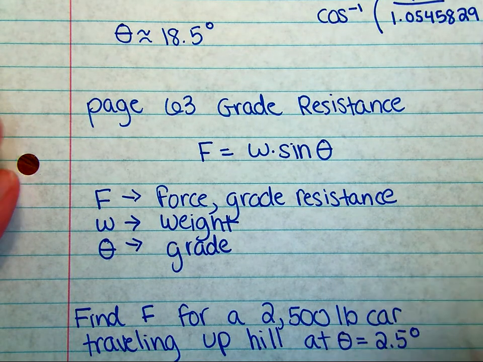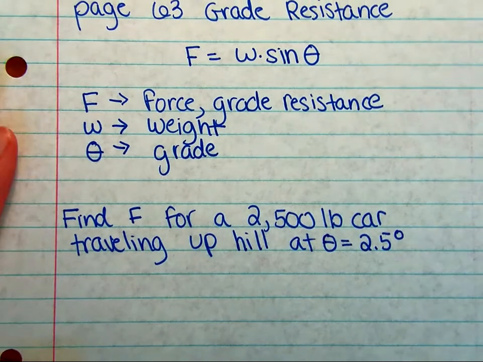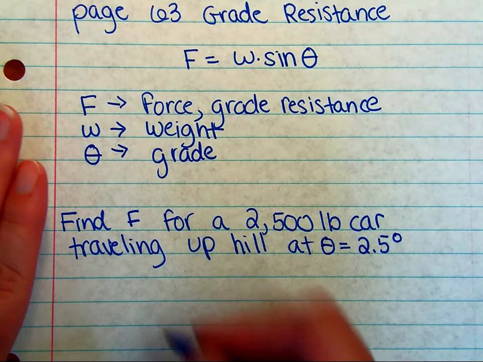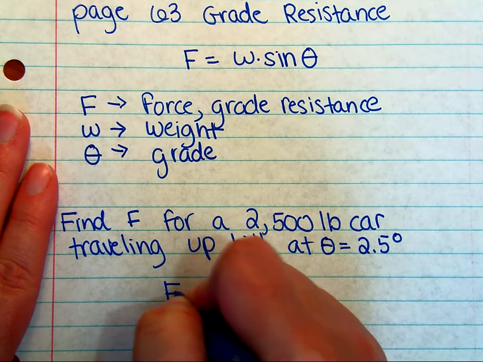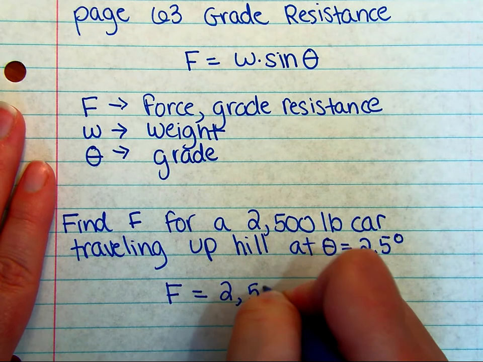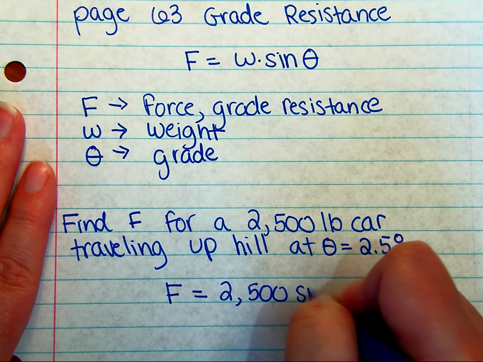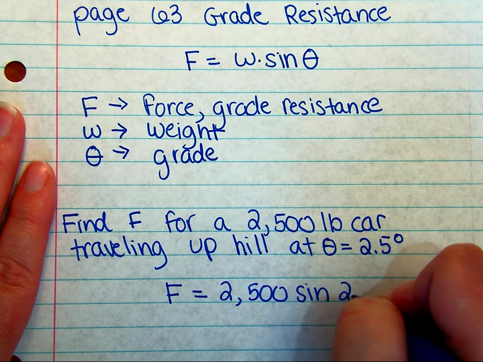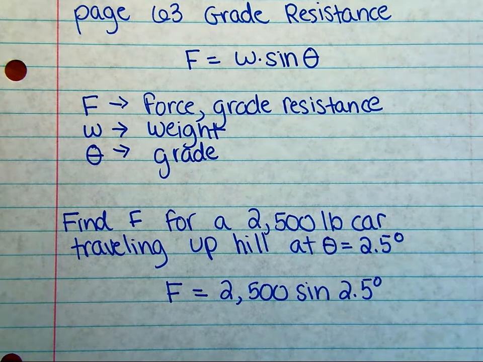Okay. So, I'm finding force. So, force is my unknown. The weight is 2,500 times the sine of theta. Theta is 2.5 degrees. Then all you need to do is use your calculator to evaluate. And as long as you put parentheses around this, you should just be able to type the entire thing in.